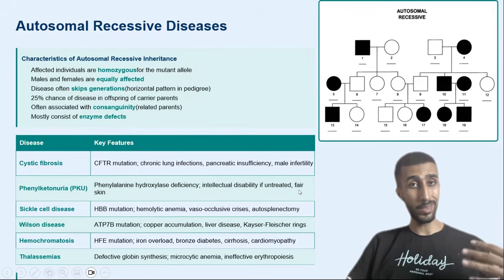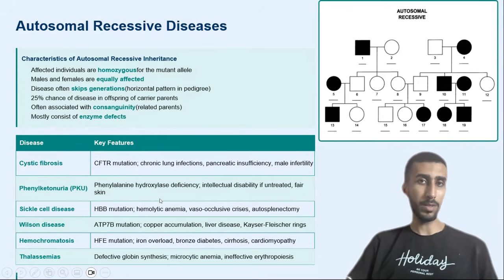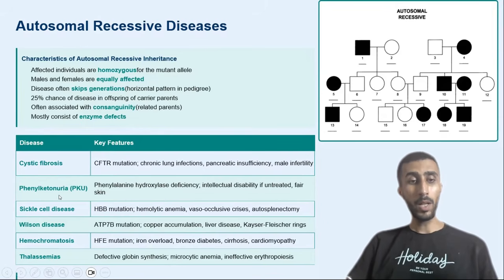The melanin pathway is interrupted, so a phenylketonuria patient will have fair skin. Also a musty body odor, very famous, because the phenylalanine accumulates and is transformed into phenylacetate. So: musty body odor, fair skin due to melanin deficiency, and buildup of phenylalanine, a neurotoxic substance, causing intellectual disability and seizures.